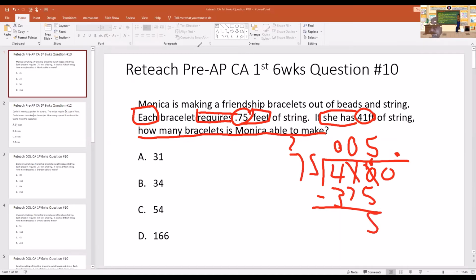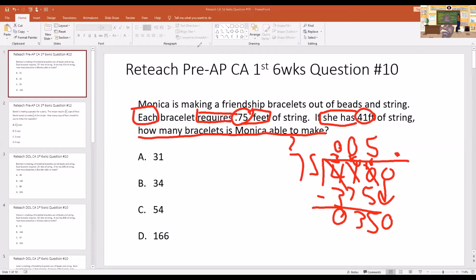And 10 minus 7 will give me 3. Regroup. And now we have 3 minus 3 will give me 0. Bring down the 0. Now 350.